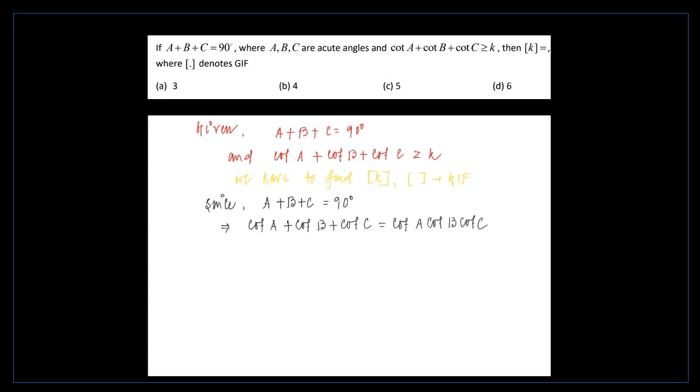And we can just take this as x, that is just we are assuming. Now it is also mentioned here that A, B, C are acute. We are writing it here in the given information. Now when these angles are acute, automatically cot A, cot B, cot C are positive.